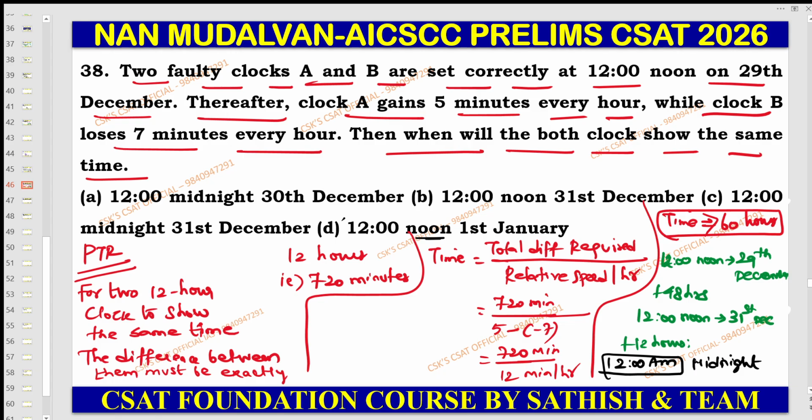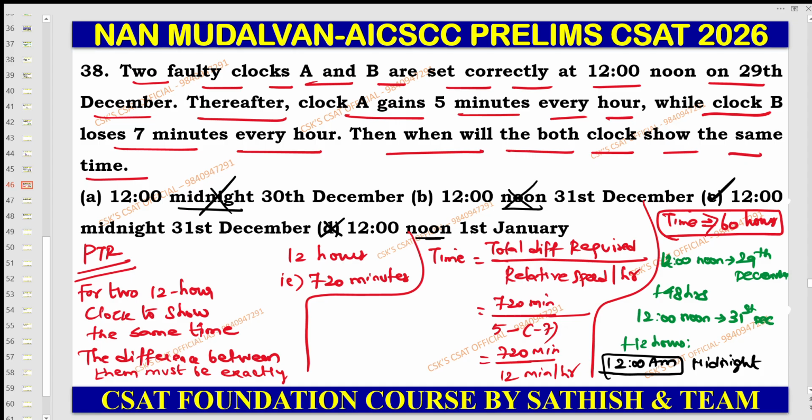Noon, so first eliminate this one. If options were not there, you would pick the nearest one, 12 midnight 31st December. This is also wrong. Eliminate. Understood?